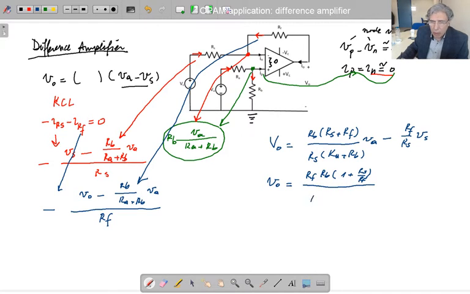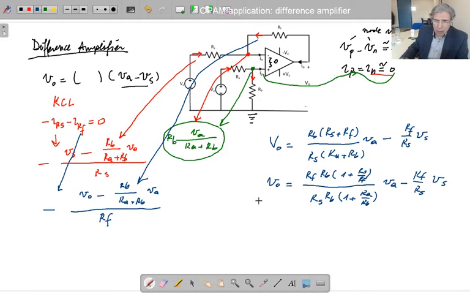And if I put this RB in parentheses, 1 plus RA over RB times VA, minus RF over RS VS.